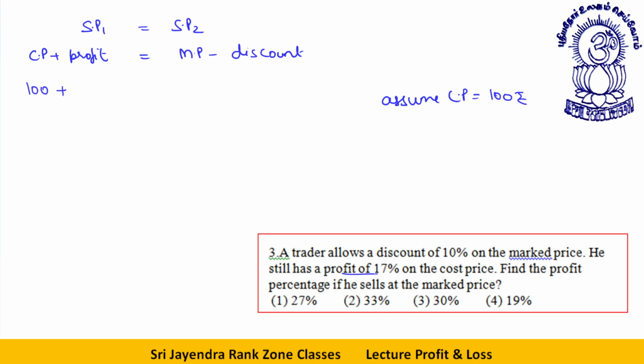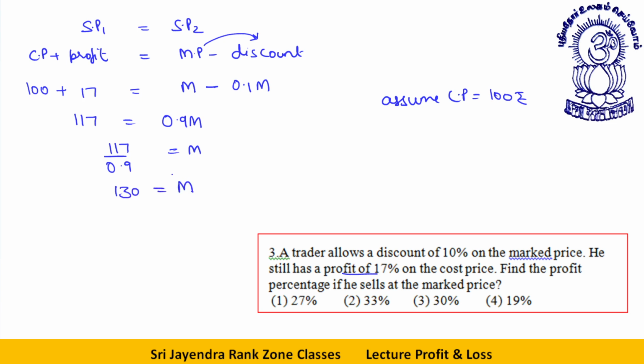The profit is 17%. Marked price we don't know and we have to find out. Discount is 10% of MP. So 117 is equal to 0.9M, so marked price is equal to 130 rupees.